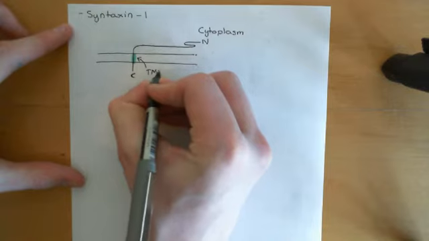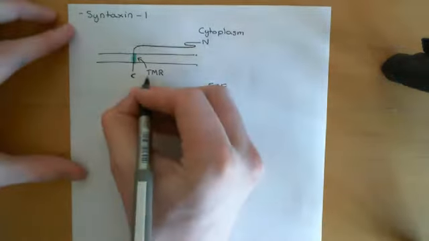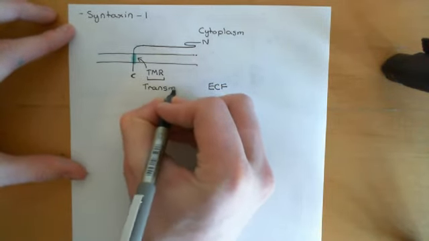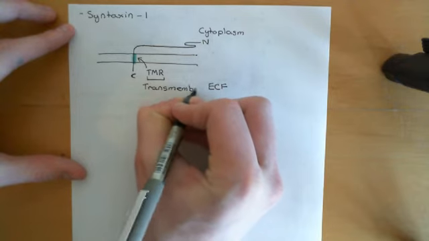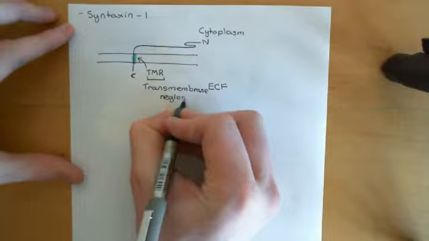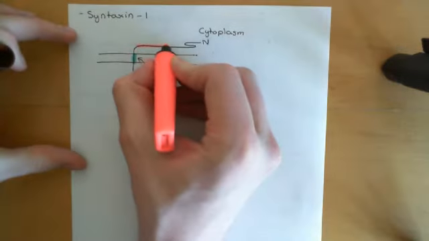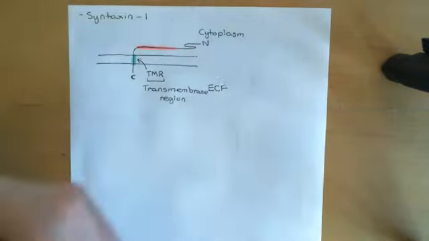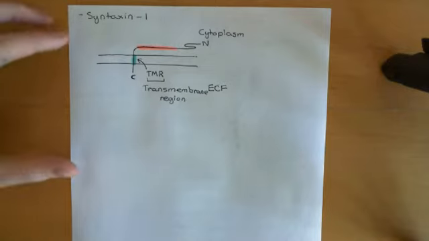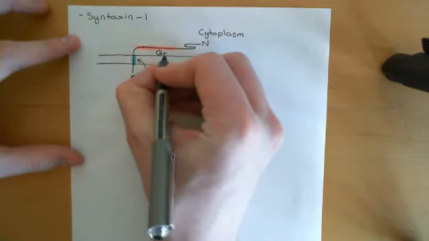I haven't shown it as an alpha helix, but I'm colouring it in to show that it's an alpha helix. TMR stands for transmembrane region. Then, on the cytoplasmic side, here in red, is the snare motif, the key motif to syntaxin 1's function, and for syntaxin 1 it's a QA snare motif.